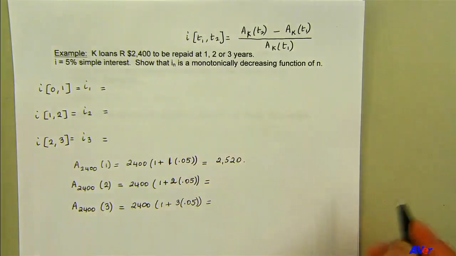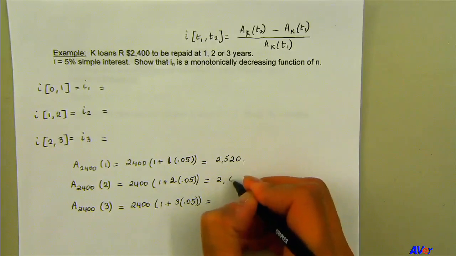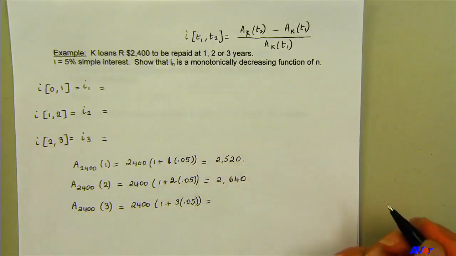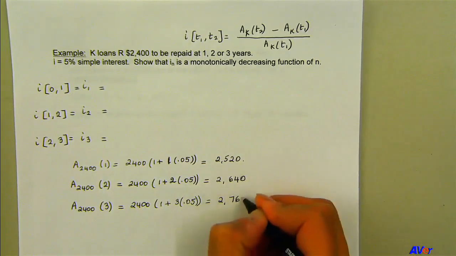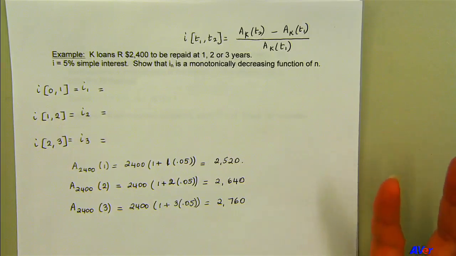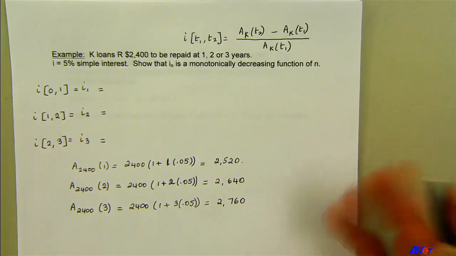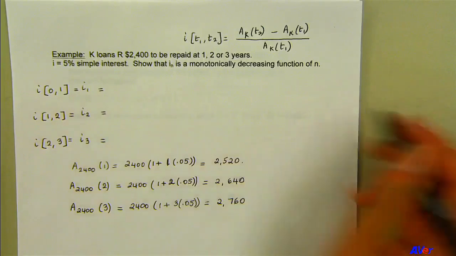And A of 2, 2,640. And A of 3, 2,760. Each time 120 is being added, right? It's simple interest, guys, right? Your money only makes 120 per year, no matter what year, right? Because it's simple interest. So I1 equals, let's plug in here.